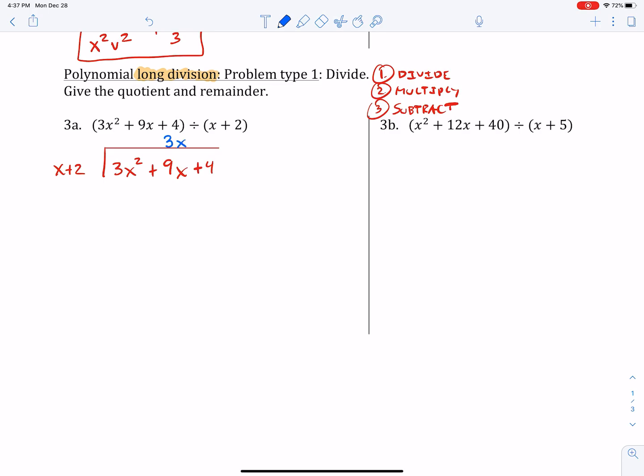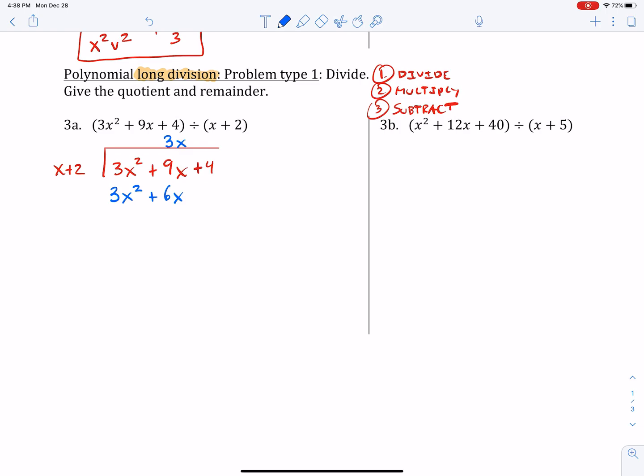Now that I divided to get that 3x, I'm going to multiply this 3x to the x, and then multiply it to the 2. So 3x times x gives me 3x squared. Then 3x times 2 gives me a positive 6x.